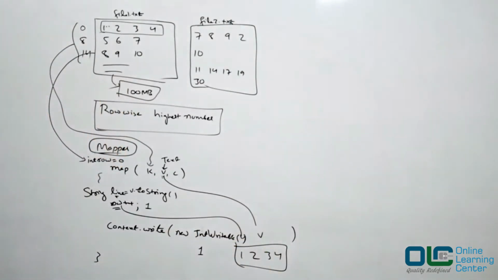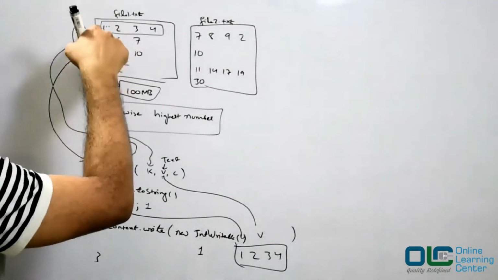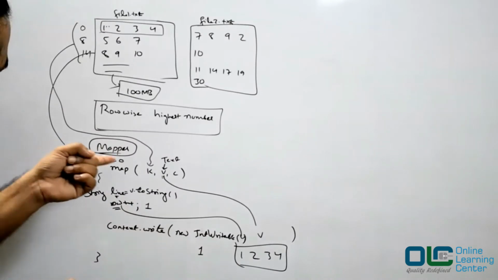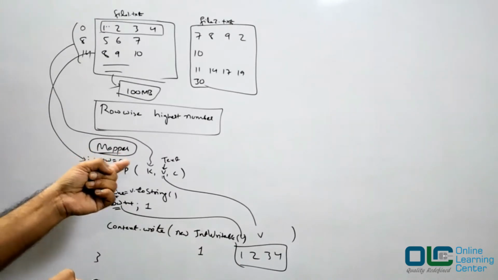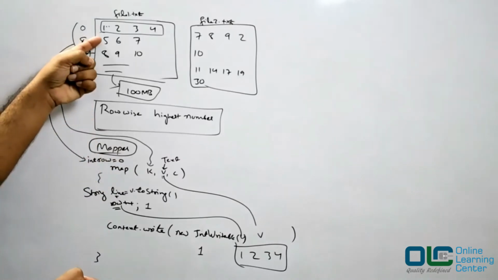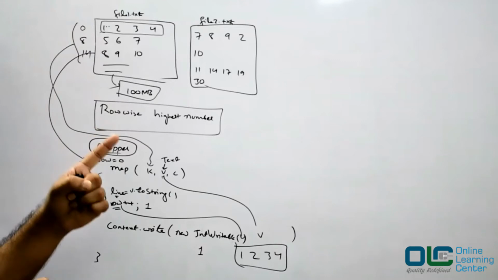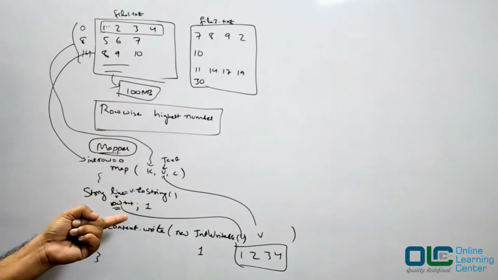This is what you are supposed to do for your line number 1. Then once line number 1 is executed, your map method would be called again, but this time for line number 2. And when it is called for line number 2, your row value has become 1 by our previous increment.